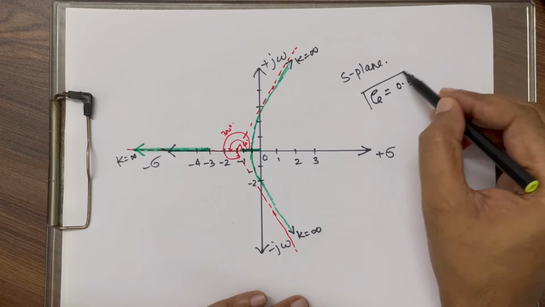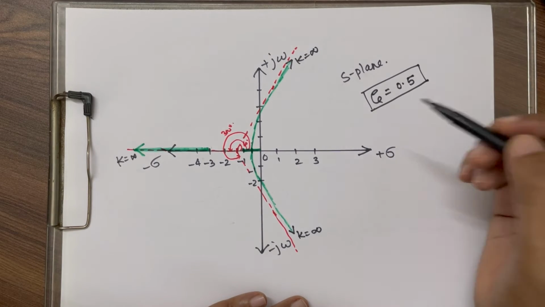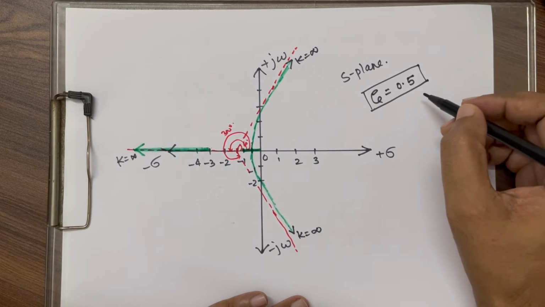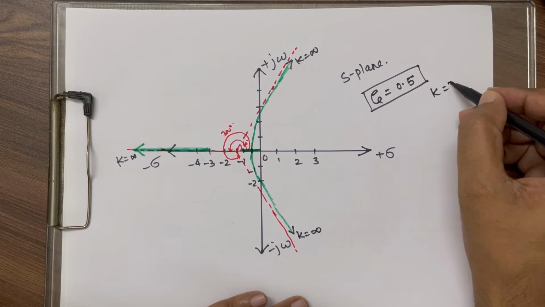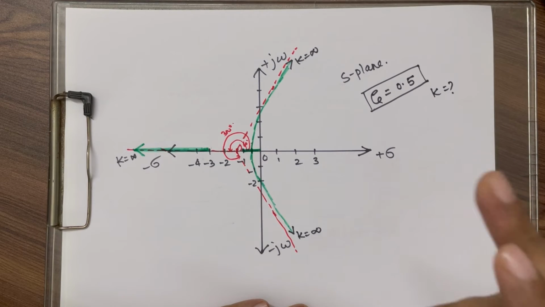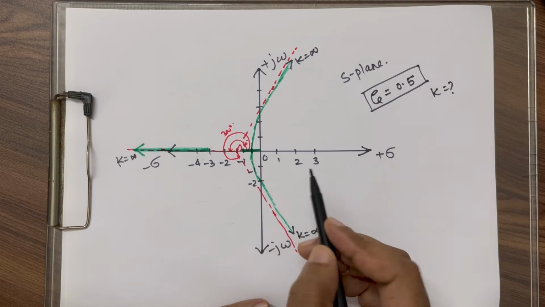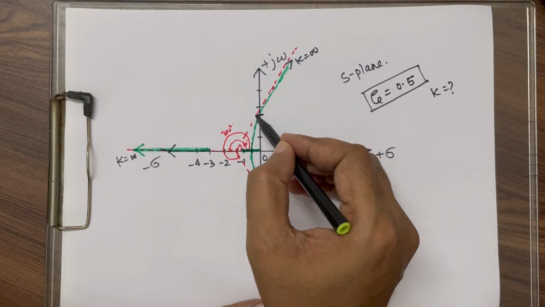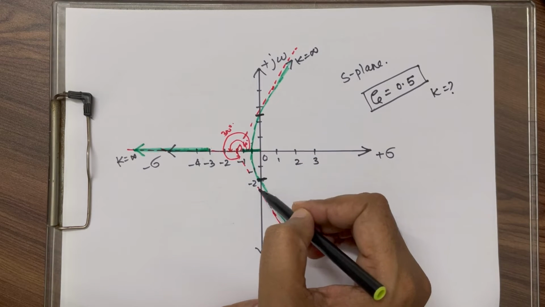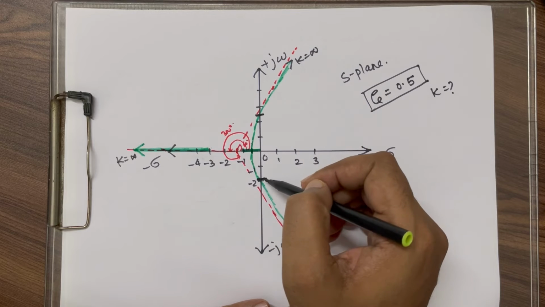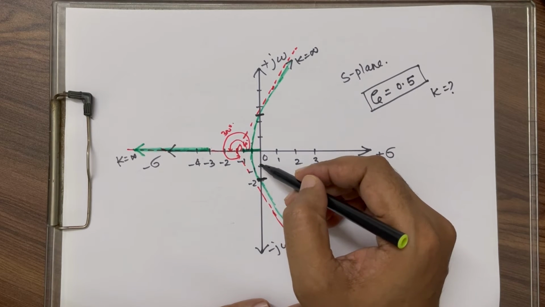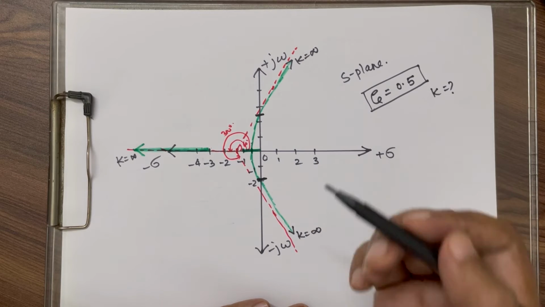So if the damping ratio is given, how do we calculate that value? What will be the corresponding value of k? That is question number 1. Question number 2: what will be this intersection point? I have just randomly shown -1, -2. We don't know exactly the value of this intersection point. It may be intersecting here or here, so we need to know that point.